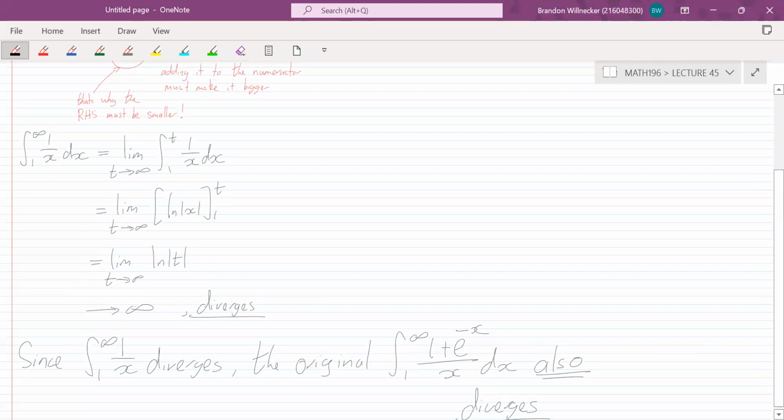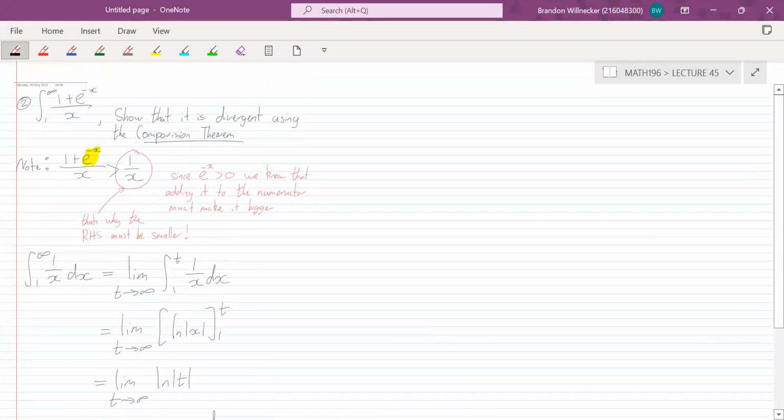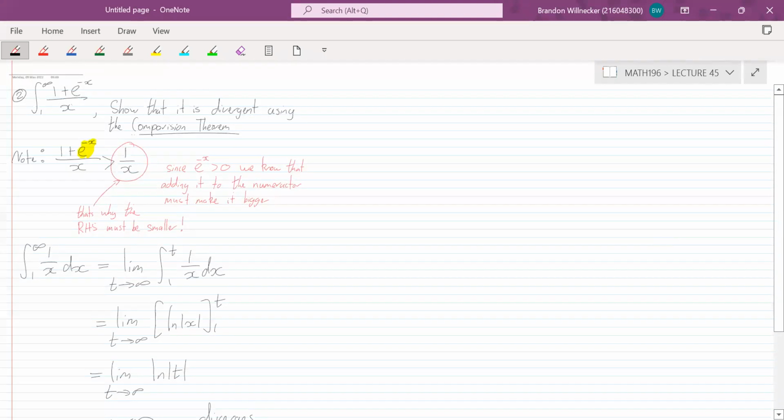Okay, so again, we made use of the comparison theorem, but in this case, we wanted to show that something diverges instead of showing that it converges. Okay, are there any questions on this?